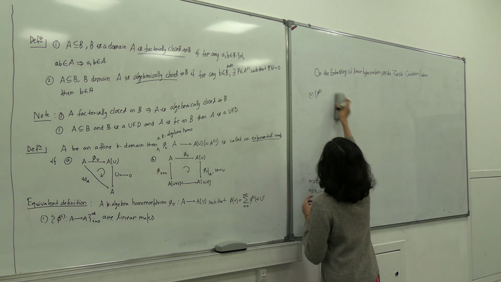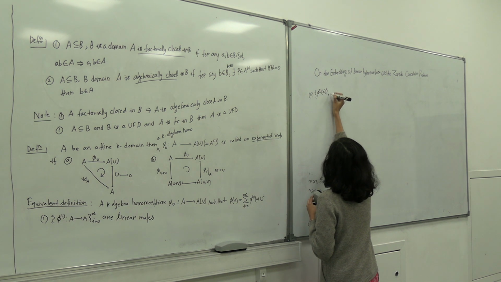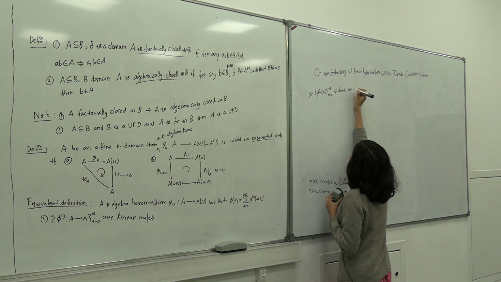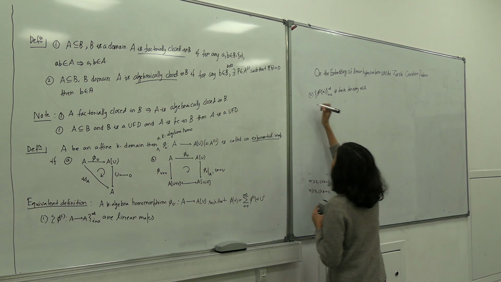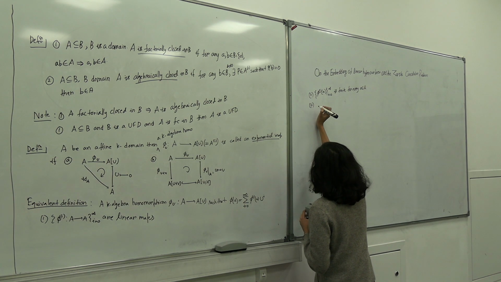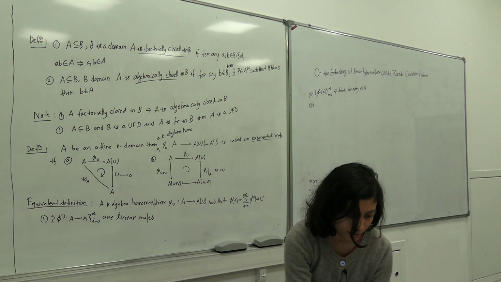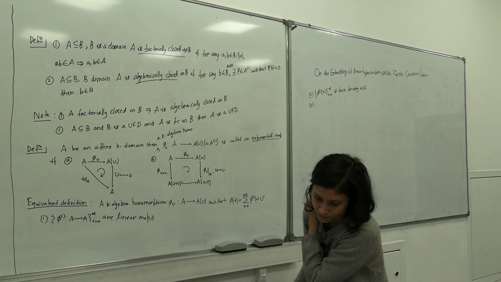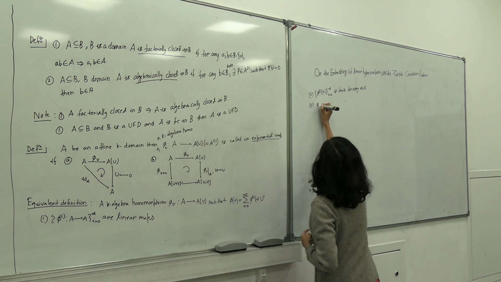That is, for a particular a, this set is finite, for every a inside A. Number 3 is that, what do you mean by finite?